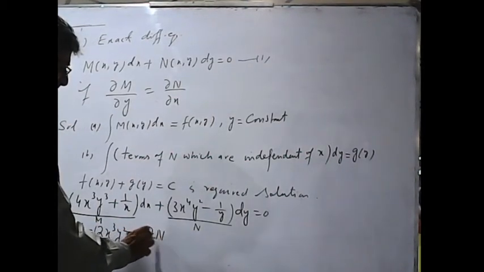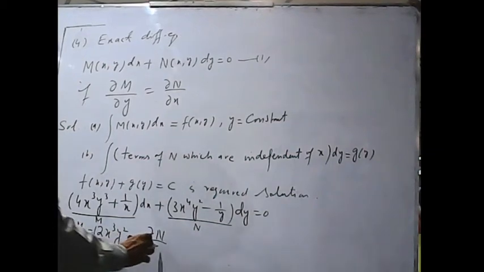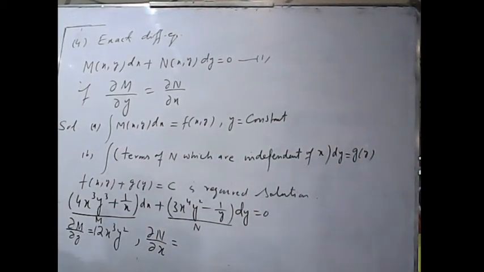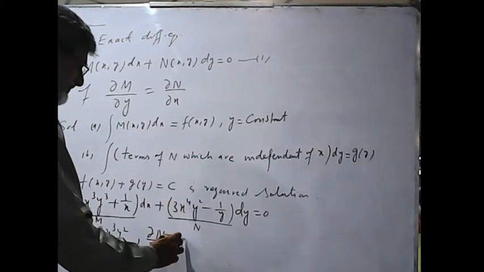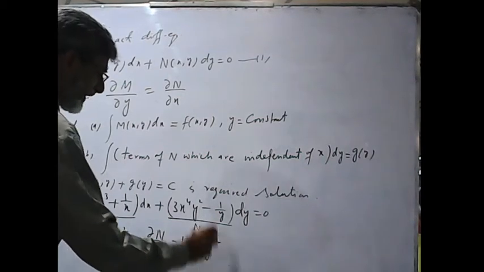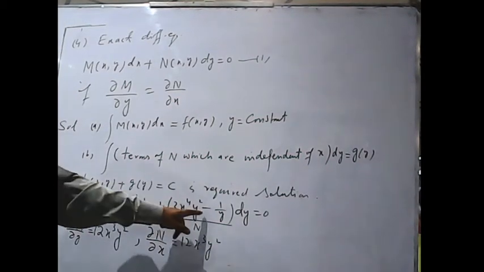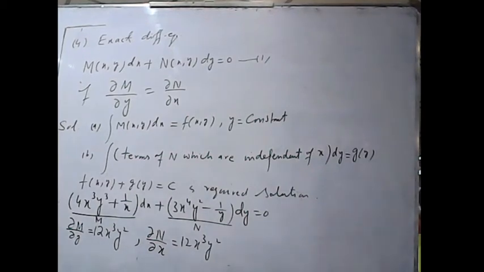Then partial N with respect to x, where N is 3x to the 4 y square minus 1 upon y. Differentiate with respect to x, considering y as constant: 4 times 3 is 12 x cube y square, and the derivative of minus 1 upon y is 0 because y is constant. Now observe M_y is 12x cube y square, N_x is 12x cube y square.